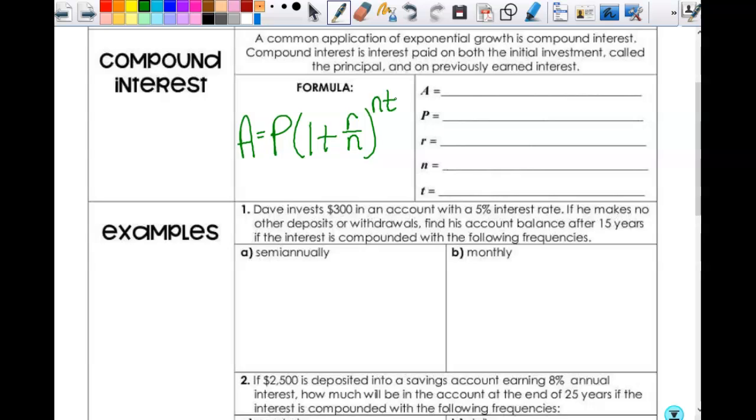Your A stands for your total amount or your total balance, the total amount that you have. P is the principal or the initial amount. R is the rate.